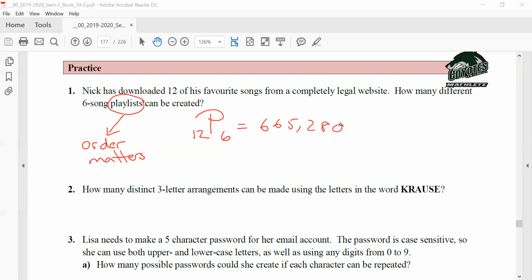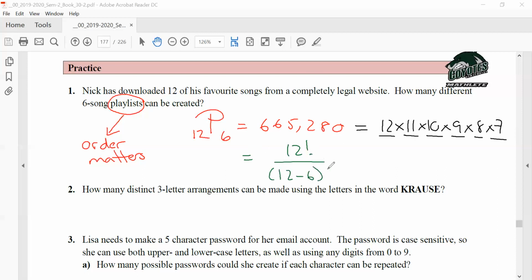Now, like I was saying, writing this in more than one way, this is also 12 times 11 times 10 times 9 times 8 times 7 using the fundamental counting principle. Not bad, but a little quicker to write 12P6. Or using my formula, this is 12 factorial over 12 minus 6 factorial, which is 12 factorial over 6 factorial. And you can put that in your calculator. I'm hoping maybe you noticed that's the exact same as that right there.